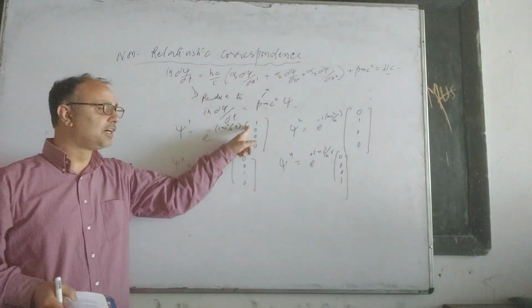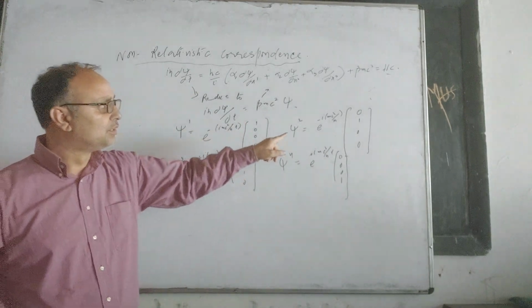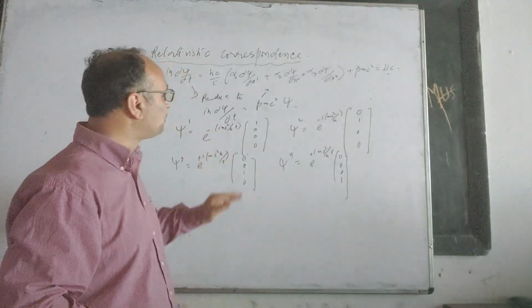So you can see it here, up here it's 1 0 0 0, 0 1 0 0. They will correspond to different solutions.